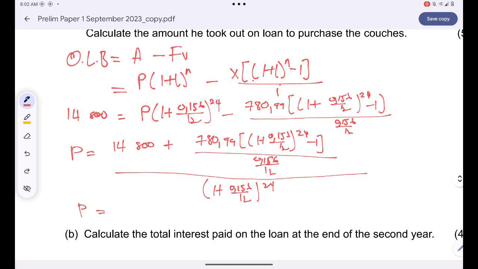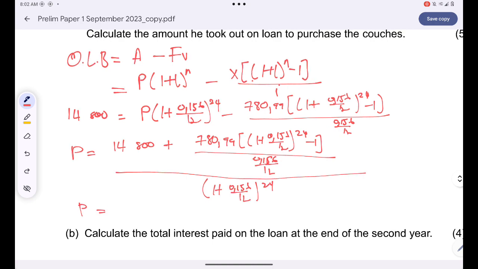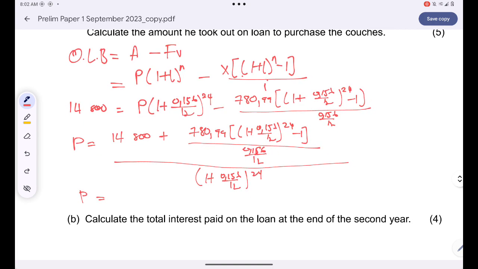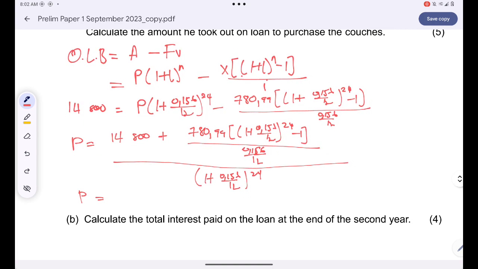Now, I'll have 14,800 plus my future value, which is just 780.99 multiplied by [(1 + 0.156 divided by 12) raised to the power 24 minus 1] all over 0.156 divided by 12.